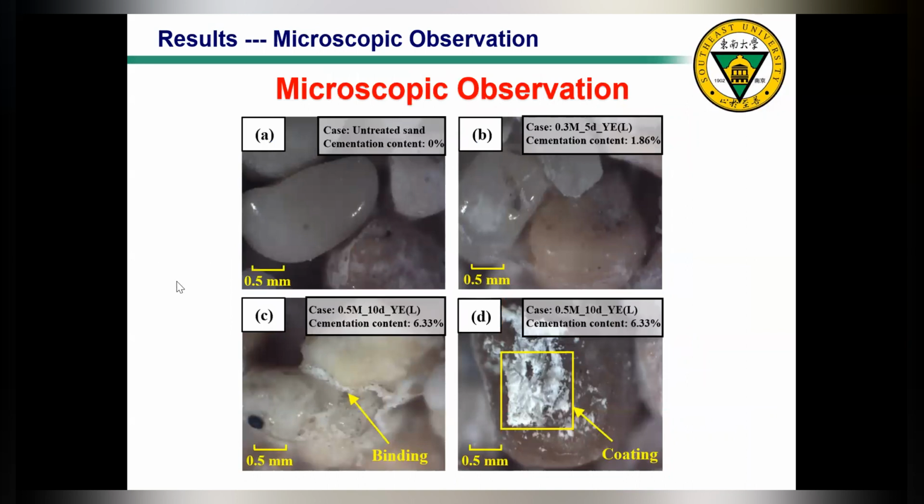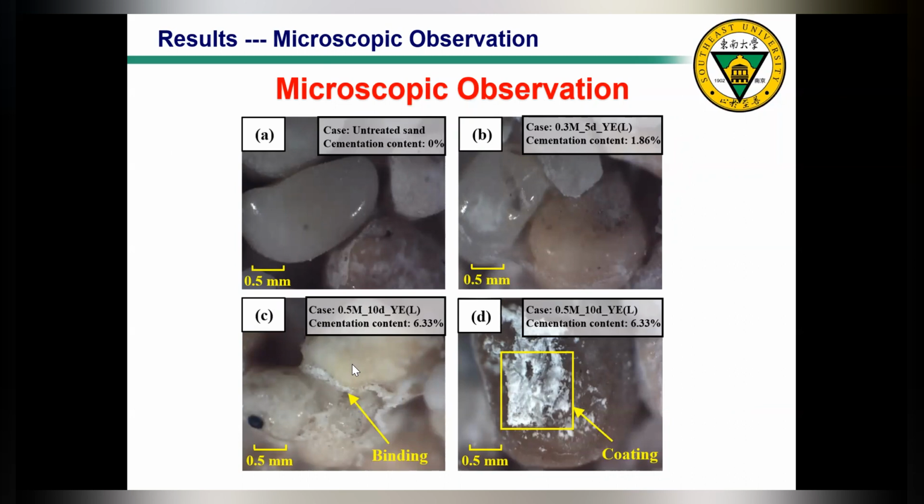Then we also performed microscopic observation using optical microscopes. In picture A, this is uncemented sand, the loose sand without any cementation or bonding between particles. For figure B, this is a low cementation level case. We can see a little bit of interparticle bonding, but not that obvious.